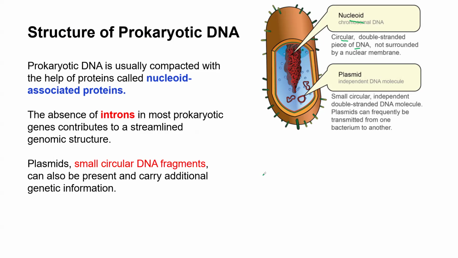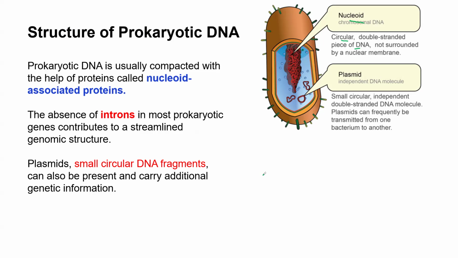Then in addition, as we said, a plasmid, that is a small circular DNA fragment, can also be present. And this circular DNA fragment also carries additional genetic information. So there is some genetic information that is coming from the plasmid DNA.